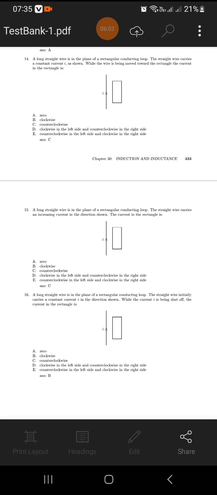We are moving it towards the rectangle, so there will be a current in the rectangle. But then if we are shutting off the current, the current in the rectangle will move clockwise.